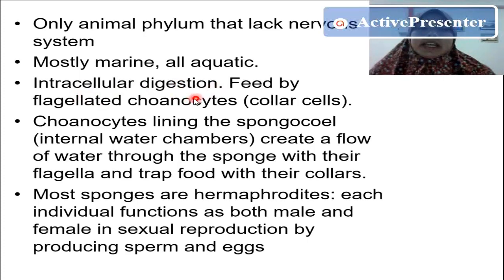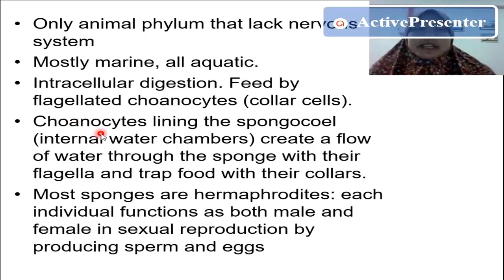Intracellular digestion means they feed using flagellated choanocytes, or we call them collar cells. Choanocytes line the spongocoel's internal chamber and create a water flow through the sponge with their flagella, and trap food with their collars. I'll show you a bit later.